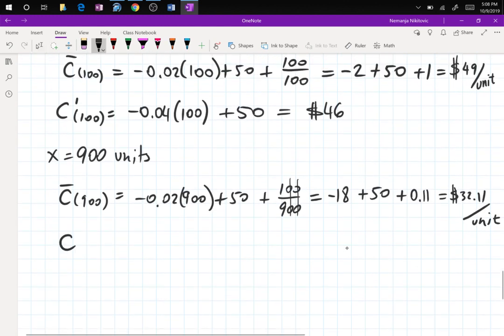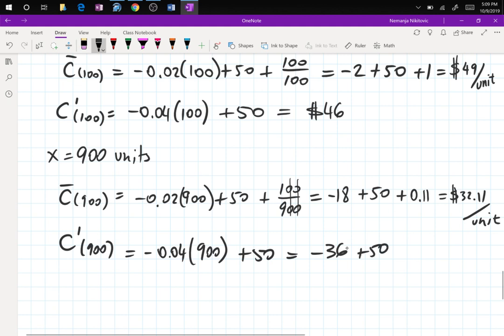We are going to compute C prime at 900, which is negative 0.04 times 900 plus 50. That gives us negative 36 plus 50 equals $14 to make the 900th unit.